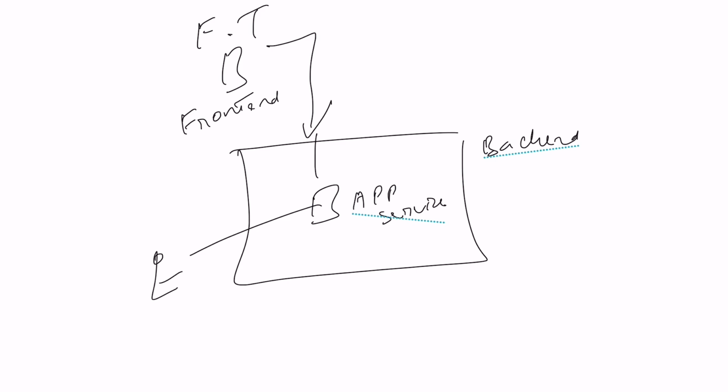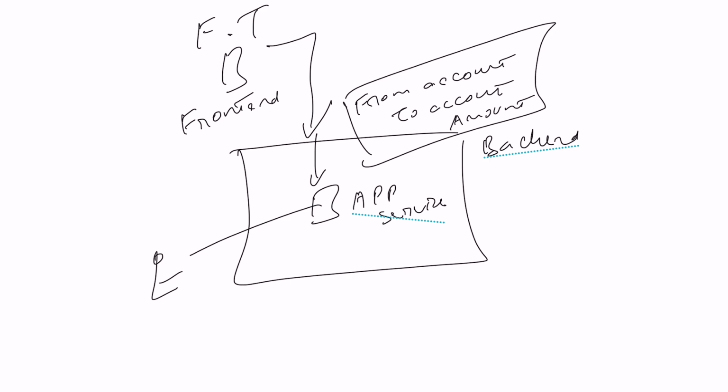So once your fund transfer request comes over here, which may have details like a from account, a to account, and maybe amount, I'm just keeping it very simple, this application service will actually perform multiple operations.